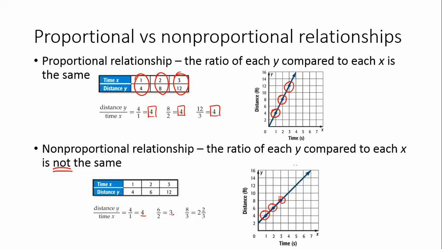And you can see that these do not reduce to the same value, because they're not the same. So we have a non-proportional relationship. So we can look at a graph, we can look at a chart, and we can determine whether we're talking about proportional or non-proportional by writing the y over the x as a ratio and reducing that fraction.